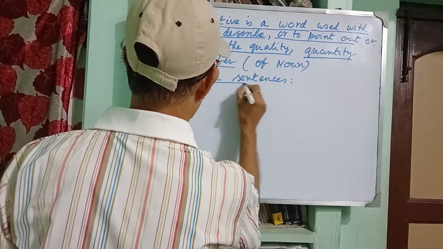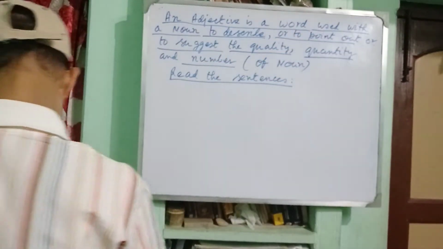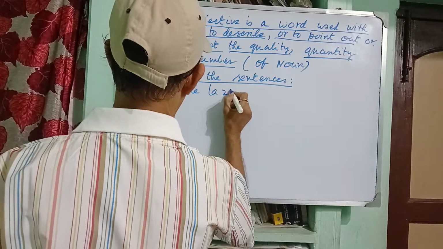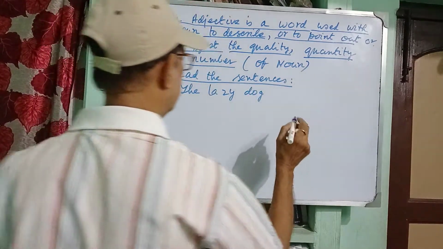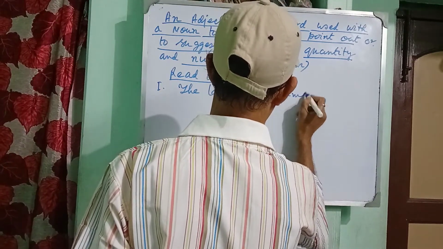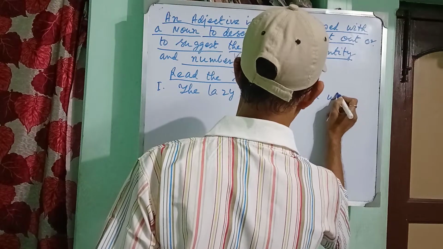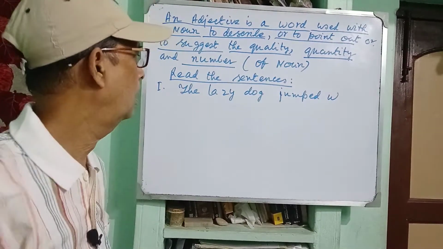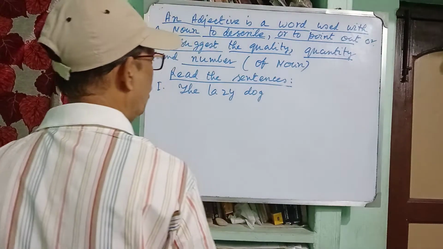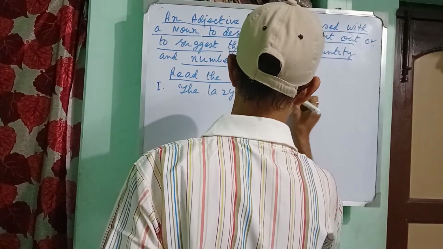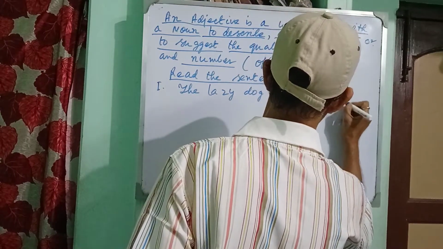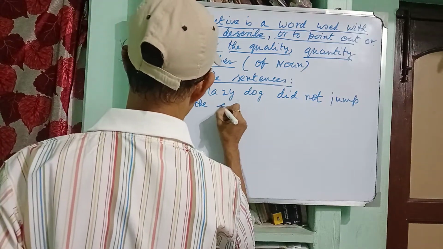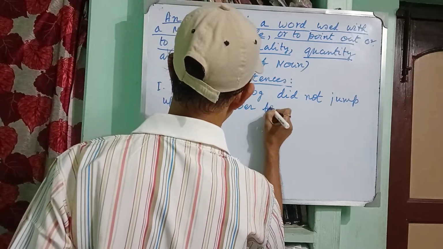The first sentence, number one: The lazy dog jumped upon the lazy dog did not jump upon the clever fox.